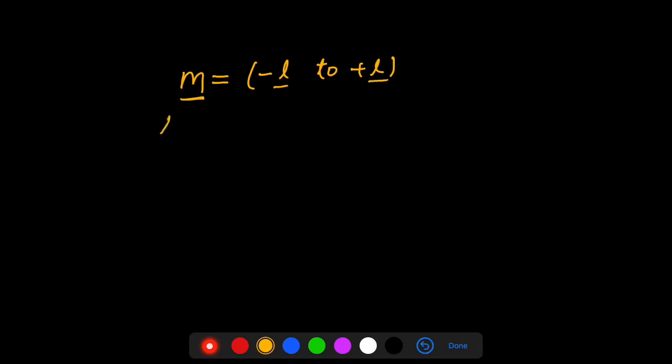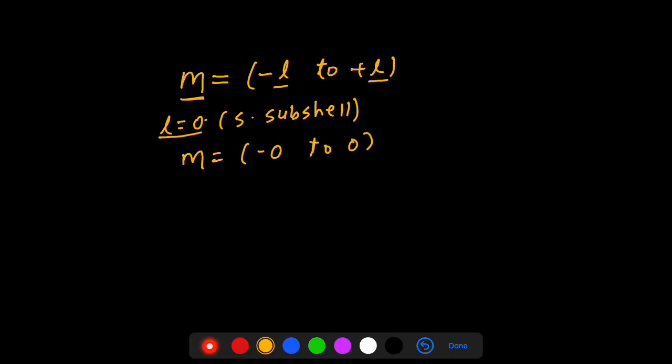It will go from minus L to plus L, right? Write all the integers from minus L to plus L, correct? For example, L equals 0. It's an s subshell, we know that. Now we need to find out how many orbitals are there in the s subshell. For that, we'll write m should be from minus 0 to plus 0. It's the same thing. You have just one value of m, correct?